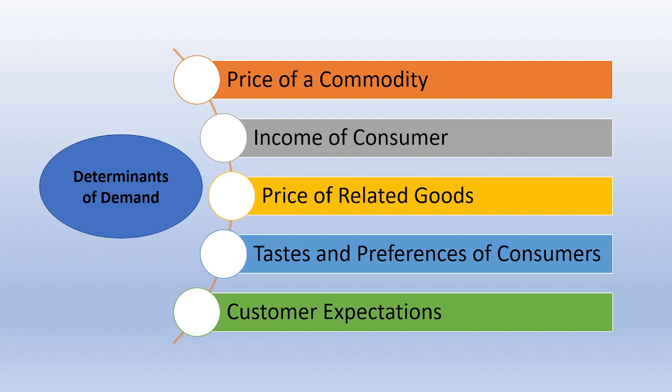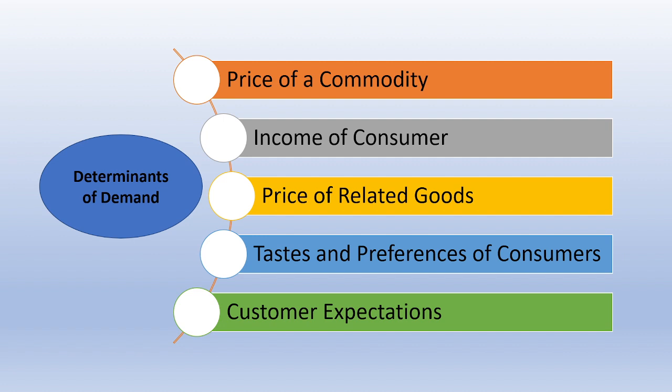Firstly, price of a commodity, which we have briefly discussed. Then is income of the consumer. Then price of related goods. Here, related goods means two types of goods: substitute goods and complementary goods. The discussion about related goods will be done in the upcoming 2 minutes.